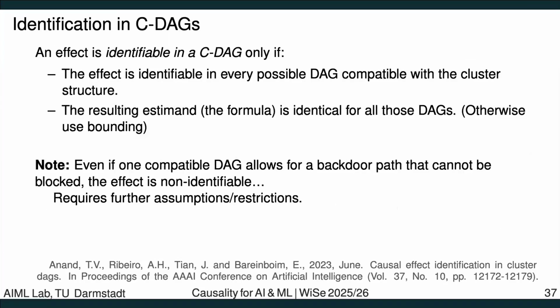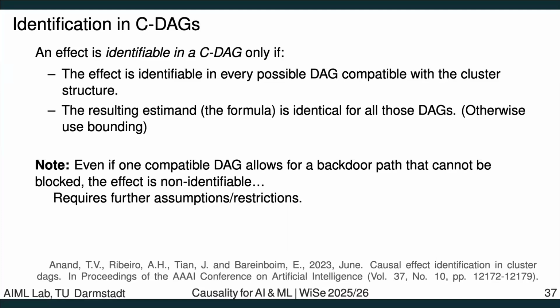So we already had that with partial effect identification. Basically, what we need to do is to look at all the possible DAGs that are compatible with our cluster DAG, and the causal effect needs to be computable or identifiable in all of these DAGs.